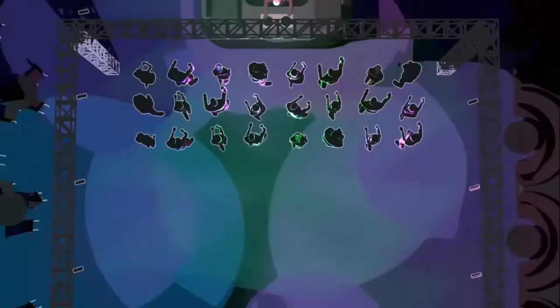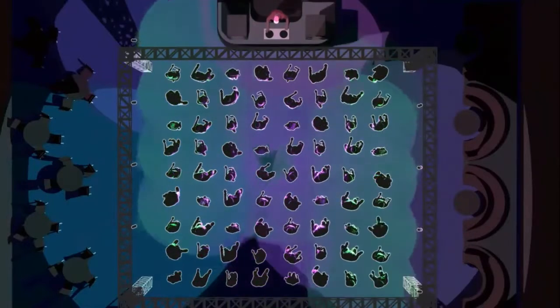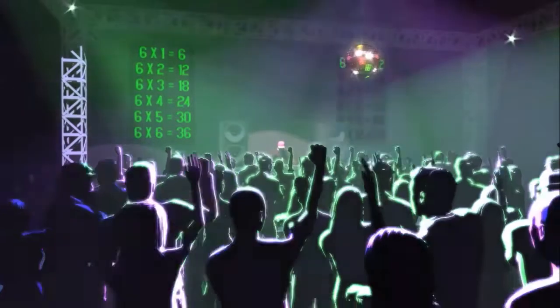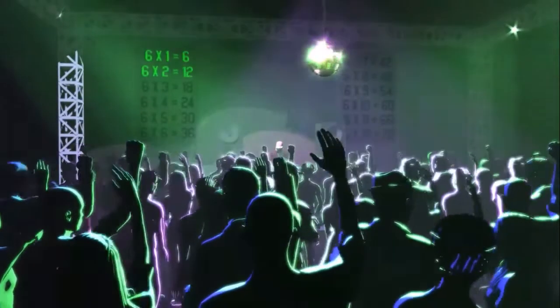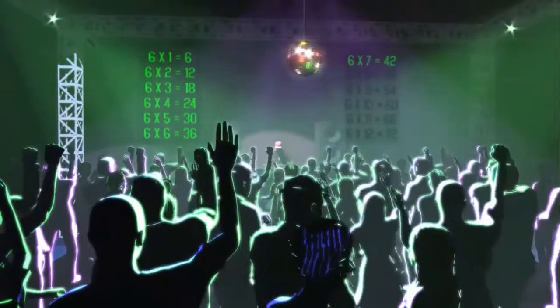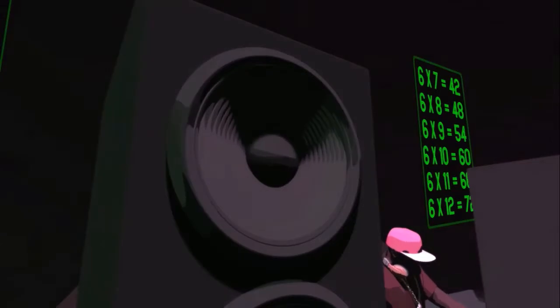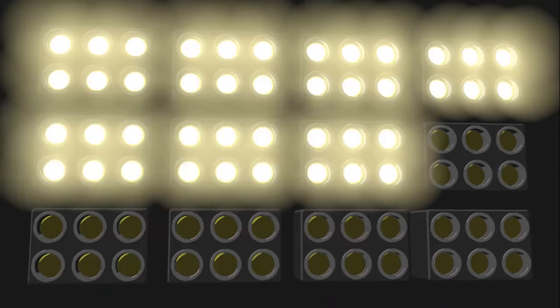6, 12, 18, 24, 30, 36, 42, 48, 54, 60, 66, 72. All these are multiples in the 6 table. All these are multiples in the 6 table. 6, 12, 18, 24, 30, 36, 42, 48, 54, 60, 66, 72.